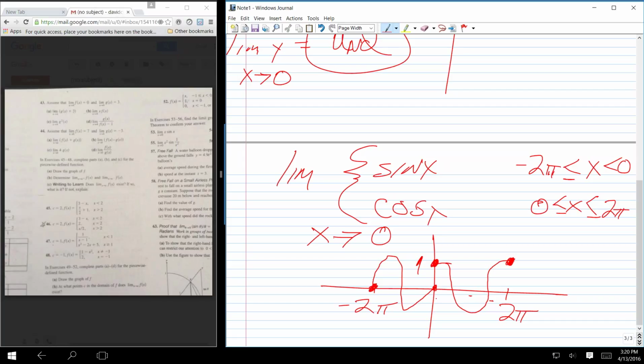And the limit from the right is the solid dot. That's an open dot. But since the limit from the left is not the same as the limit from the right, then the limit does not exist. It's as simple as that. That's always the ironclad test. If they are not the same, it does not exist, for starters.